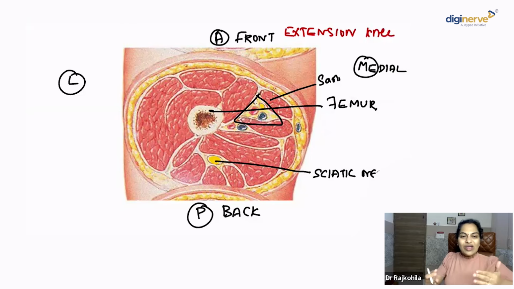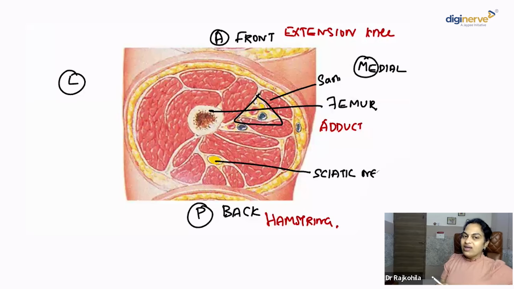So it's the quadriceps, and it's called the extensor compartment. The muscles which lie in the back of the thigh can flex the knee, and the muscle group present there is the hamstring muscles, right? And the muscles in the medial side of the thigh help you adduct the thigh. So it's called the adductor compartment.